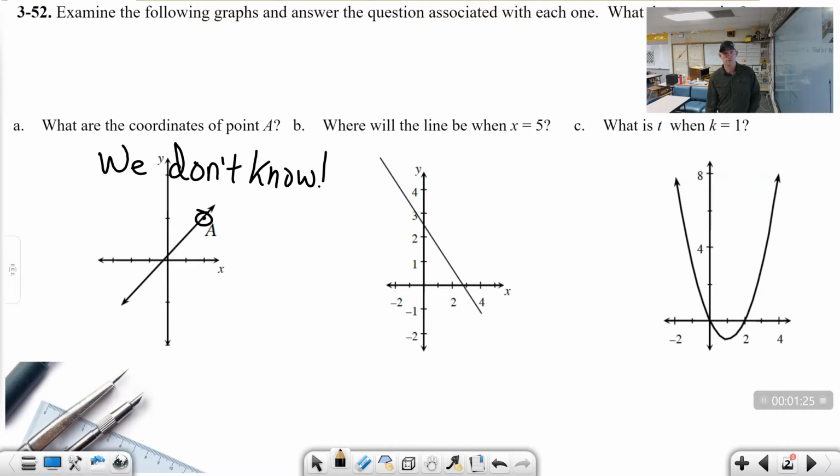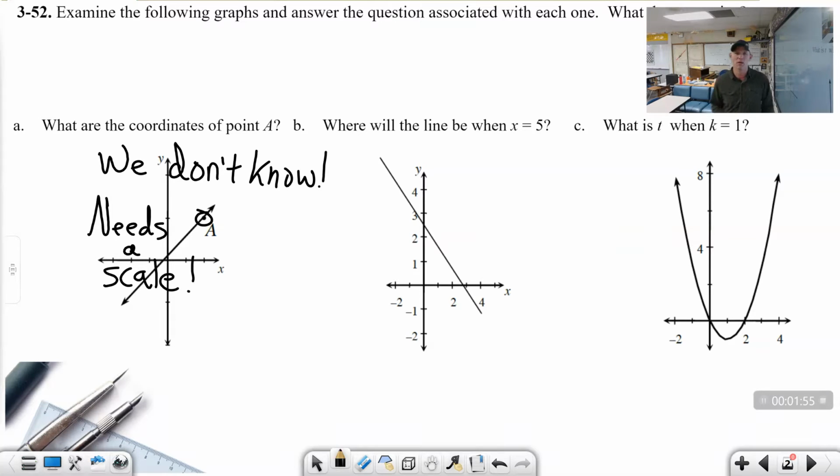We don't know. But why don't you know? We don't know in this problem what the coordinates are, that's x, comma, y. We don't know what they are because we don't know the scale. So we're going to write "needs a scale."